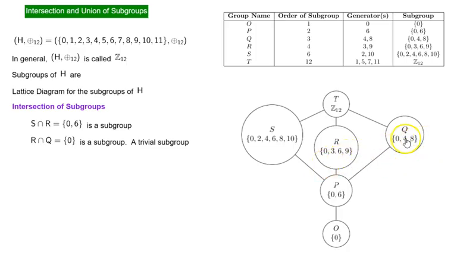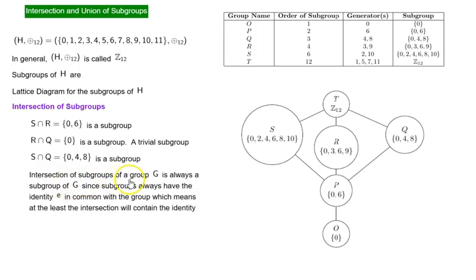That's all. So this is a trivial subgroup containing only the identity. Now S intersection Q gives us 0, 4, 8, which is again a subgroup because Q is a subgroup. So S intersection Q is equal to Q, which in any case is a subgroup.